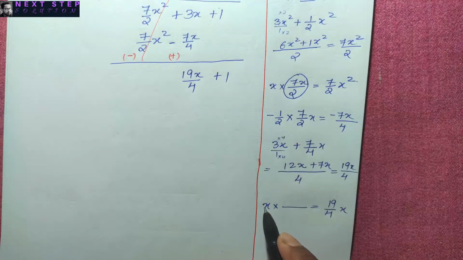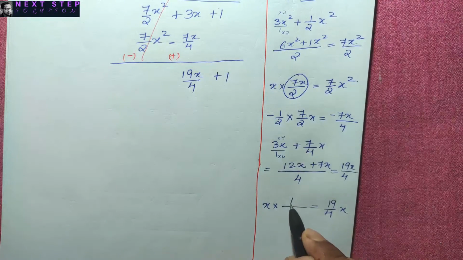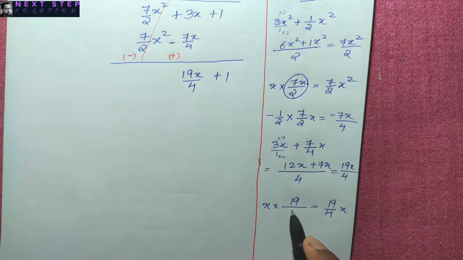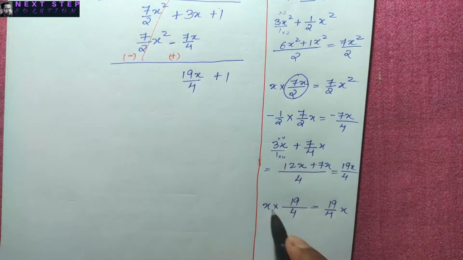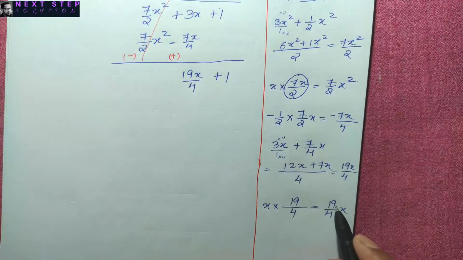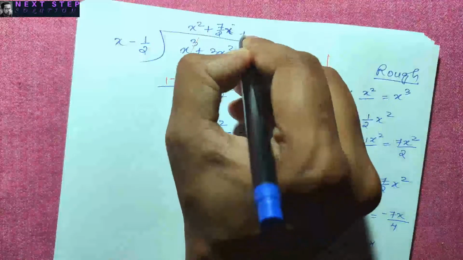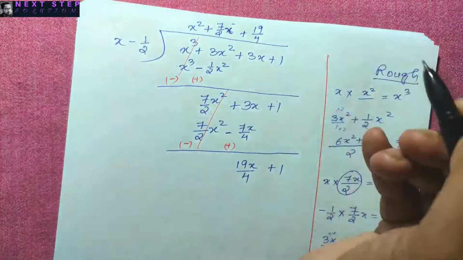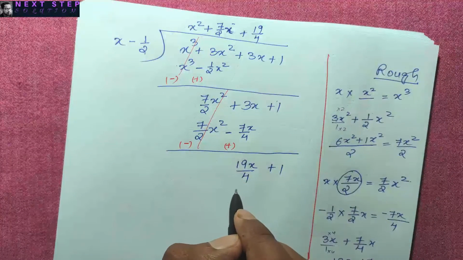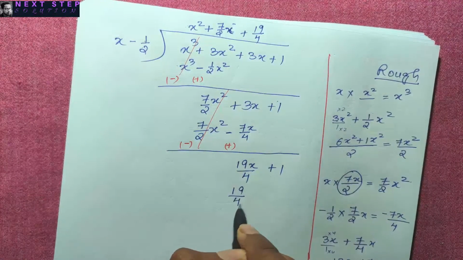Now if x is multiplied with 19, we get 19x, but we also need 4 denominators, so we take 4 here. X into 19 by 4 is 19 by 4x. So if we multiply this with 19 by 4, then we get 19 by 4x.